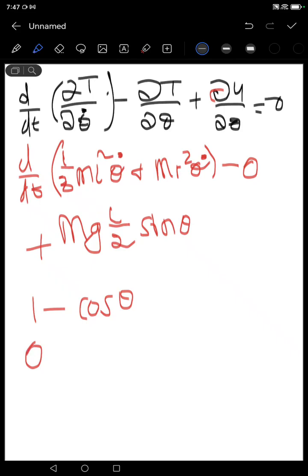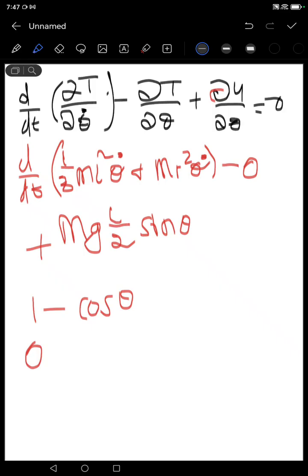Don't we just leave that 1 that's in the bracket and just differentiate the cos? Why do we leave it? Isn't it a partial derivative? So don't we only focus on cos?